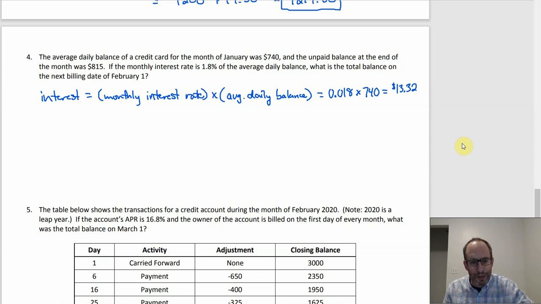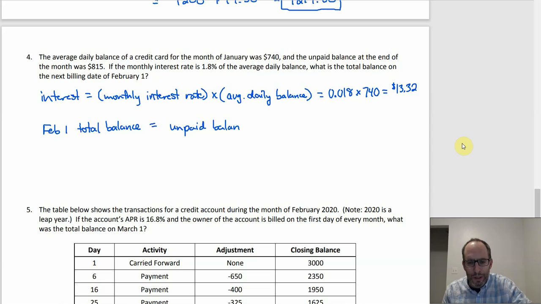Okay, so then the February 1st total balance, that's going to be the unpaid balance plus interest. Well, the unpaid balance at the end of the month was $815, and then the interest was $13.32 that we just figured out.